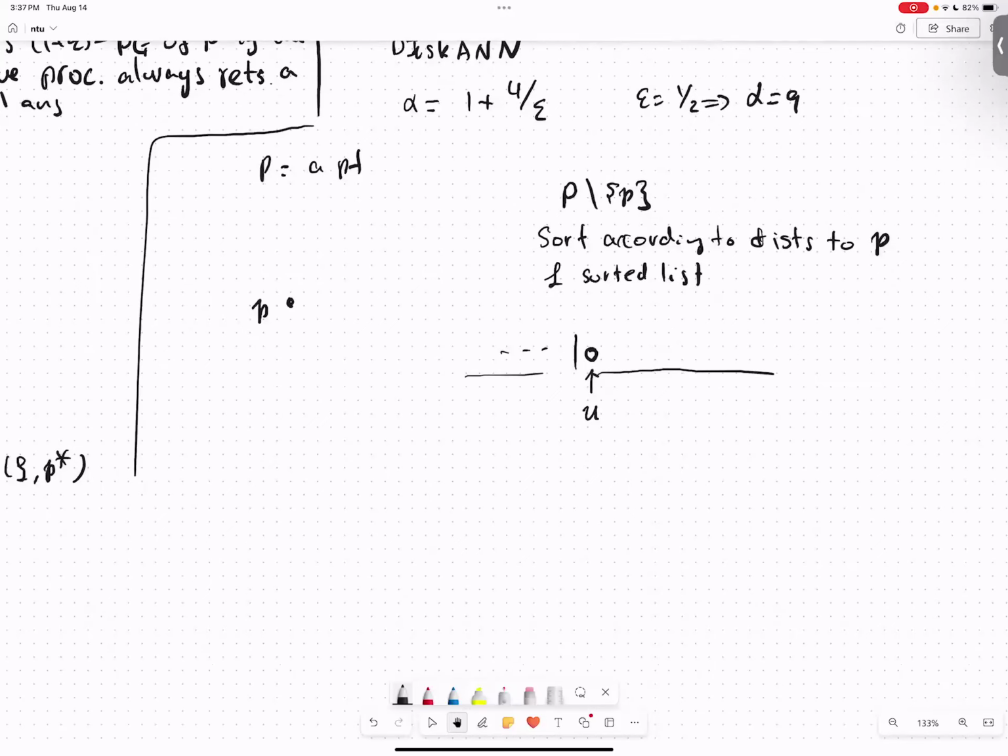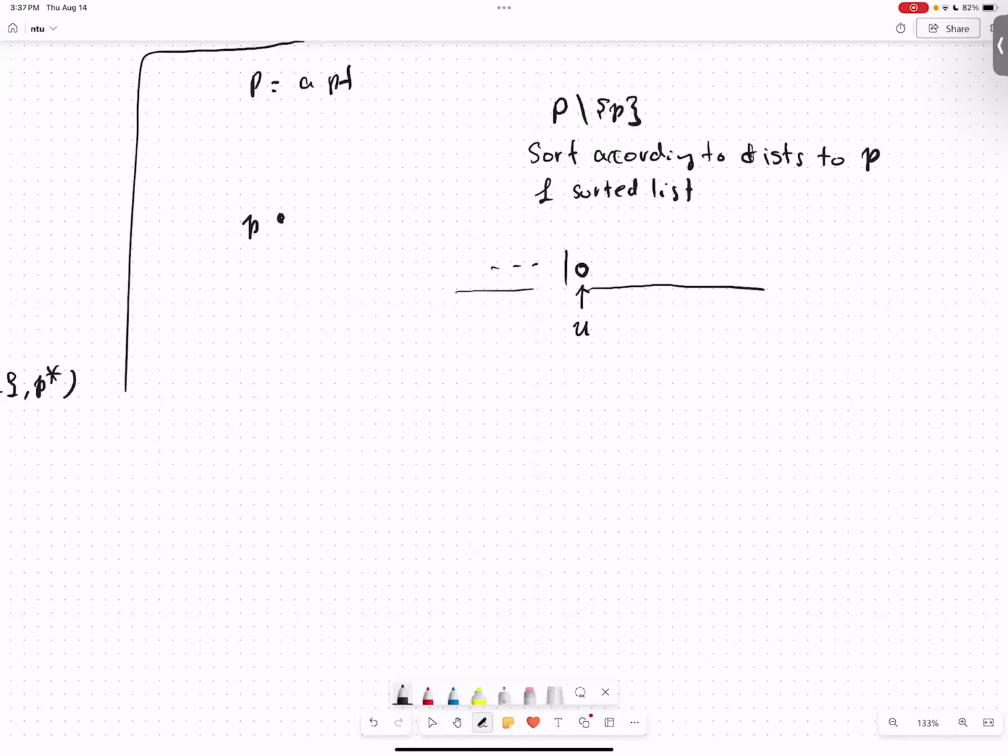Now, if this point U is the first point on the remaining list, then we create an out edge from P to U. So U is here, and there is an edge from P to U. I want you to think about this inductively. If U is the first point on the list, then you definitely have an edge from P to U, which sounds like a reasonable thing to do, because U would be the closest point to P in that case.